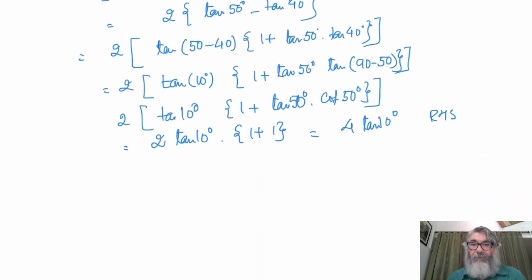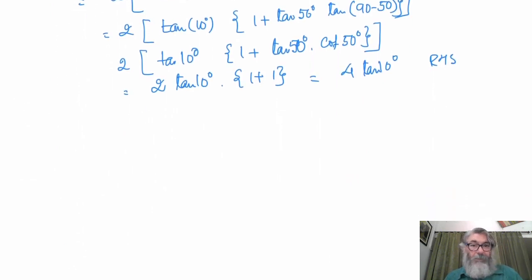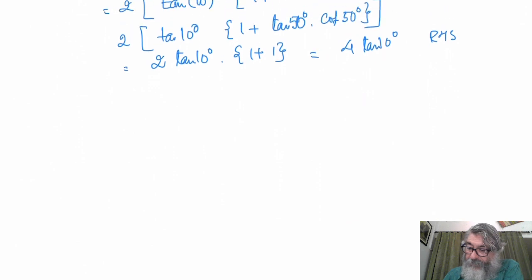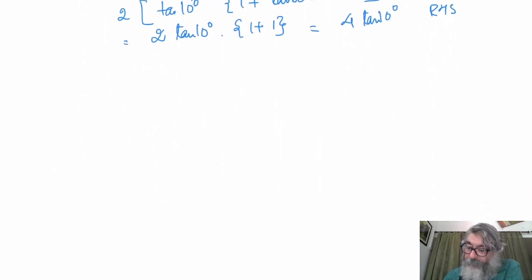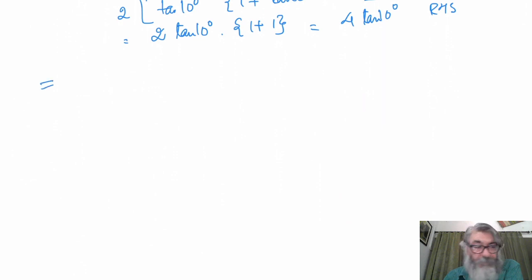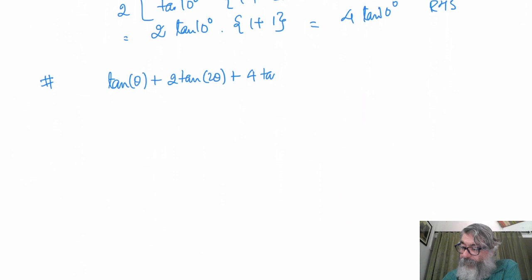Alright, now let's see the next question. Next question is tan theta plus 2 tan 2 theta plus 4 tan 4 theta plus 8 cot 8 theta is equal to cot theta.